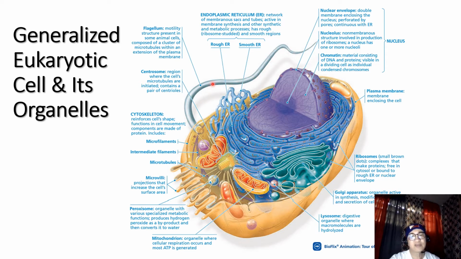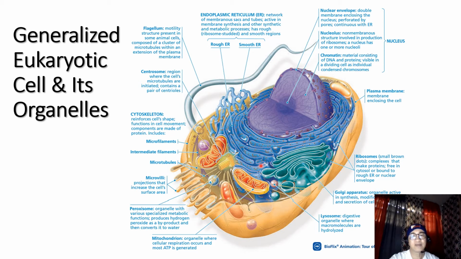This flagellum is a locomotory structure that executes a whip-like motion that propels cells. For example, sperm cells are propelled by the undulation of flagellum.